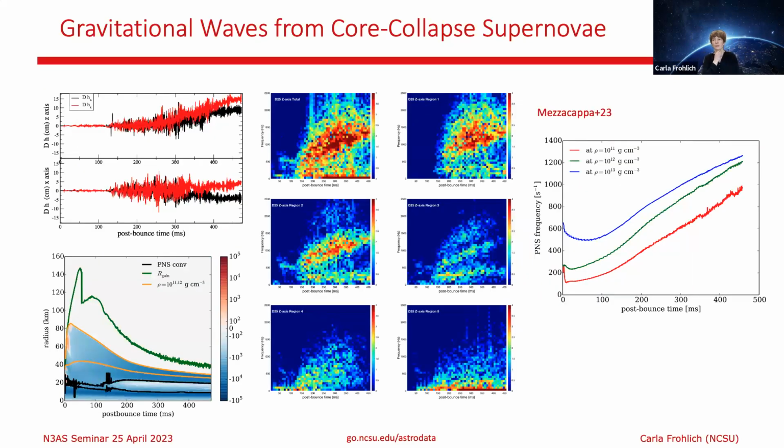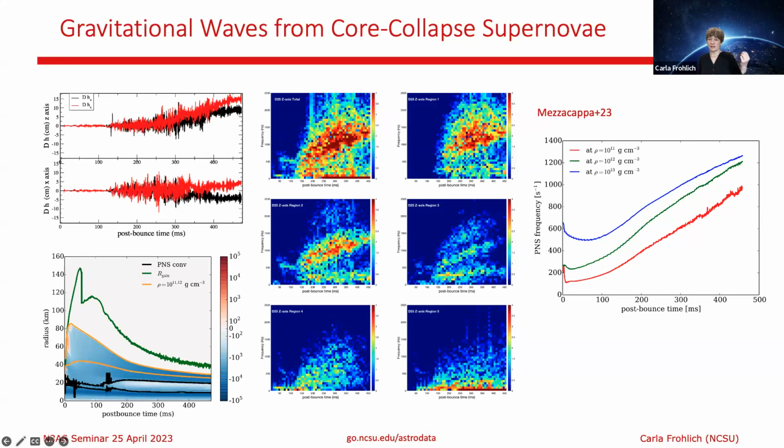Taking this a little bit further, this is from a recent paper out of the Oak Ridge group, which again shows on the top left the strain as a function of time, and spectrograms from different regions: the total on the top left, and then 5 different regions within the star, numbered 1 through 5 going from inside to out.